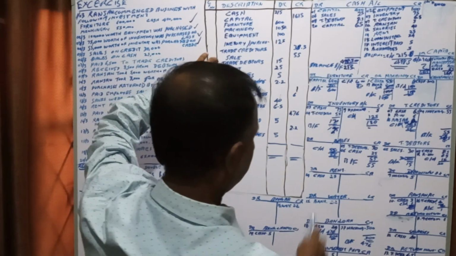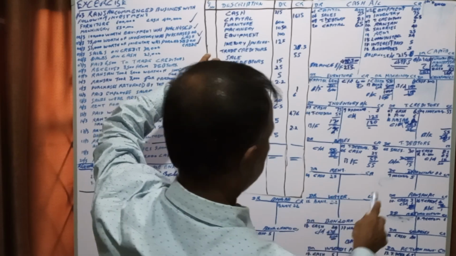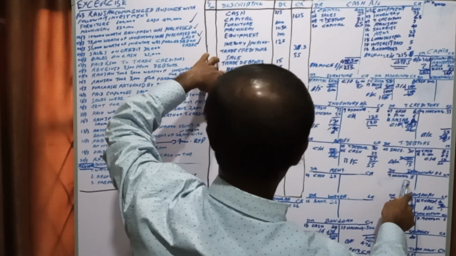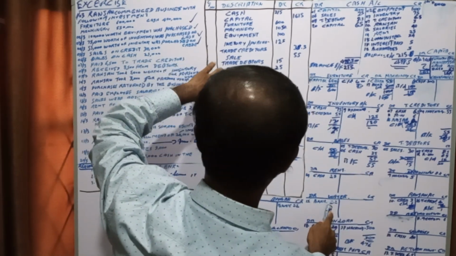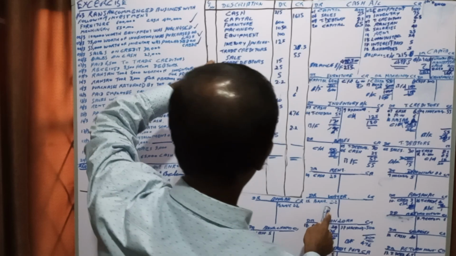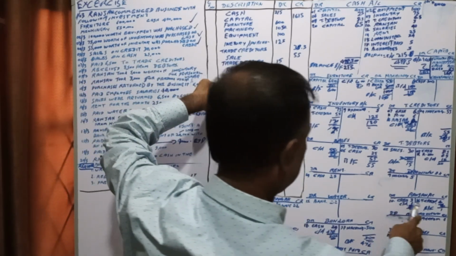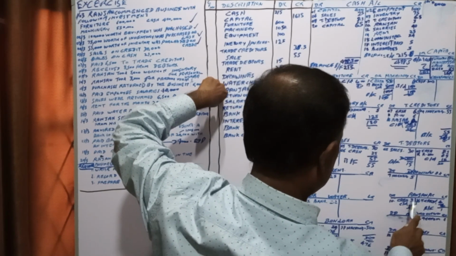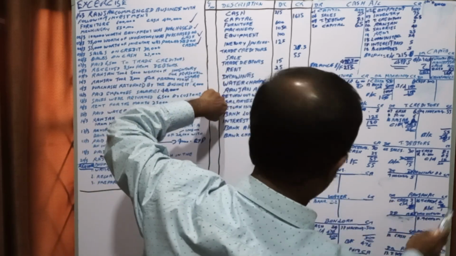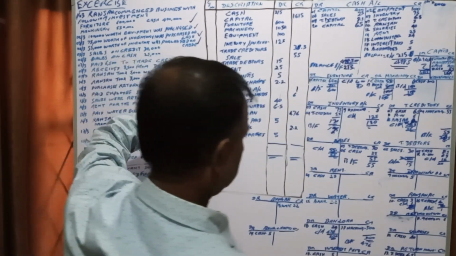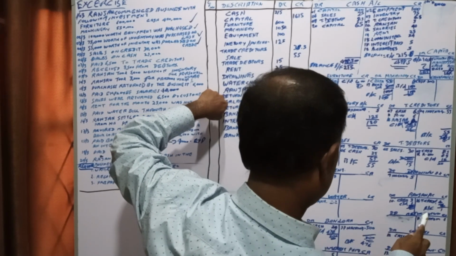Next is rent, debit balance 25, drawings 5 debit balance, water charges 2,200 debit balance, Ranjan account 1,000 credit balance.